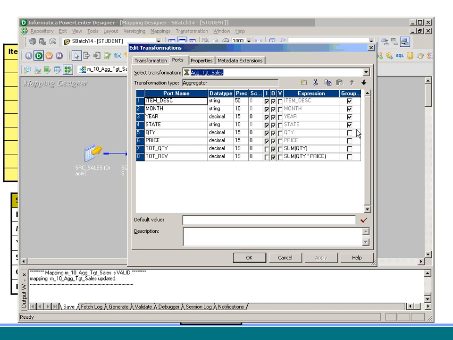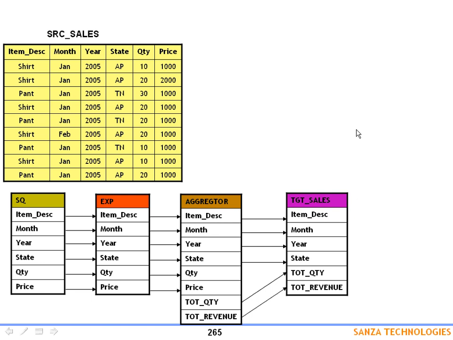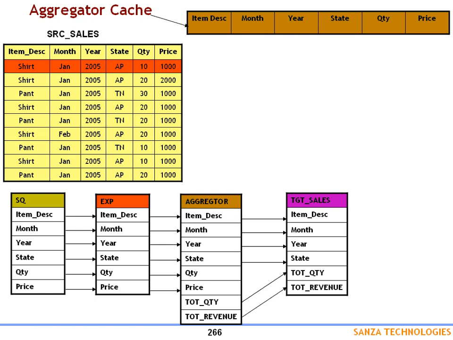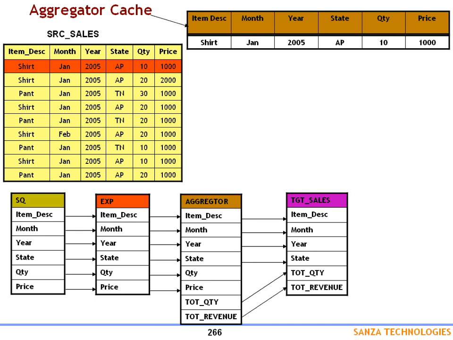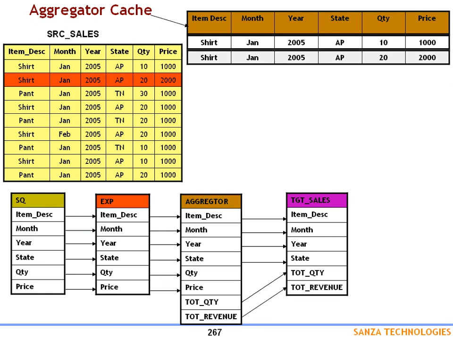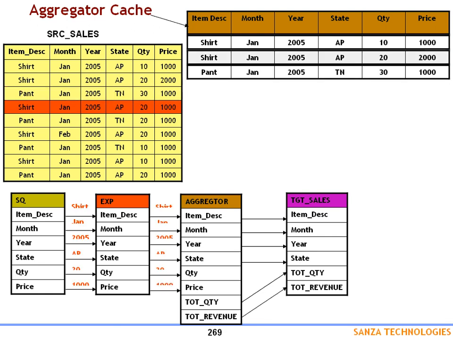So Informatica does row by row process. First record comes in, goes out of the source qualifier transformation, goes out of the expression transformation, goes to the aggregator cache. So it will put the first record in the aggregator cache. Second record comes in, puts it in the aggregator cache. Like this, Informatica does row by row process.